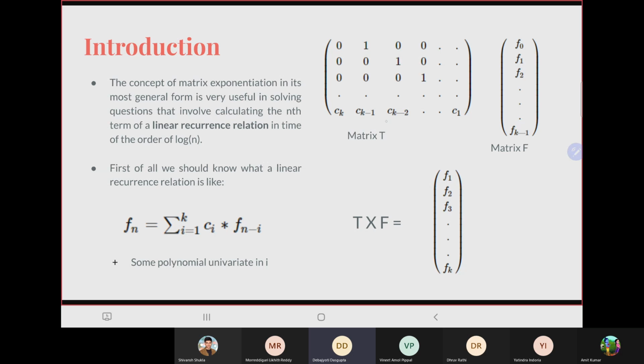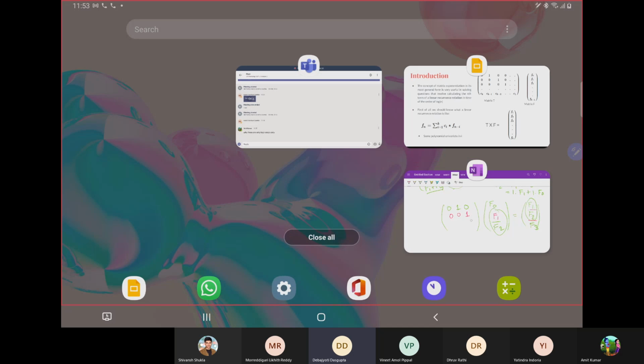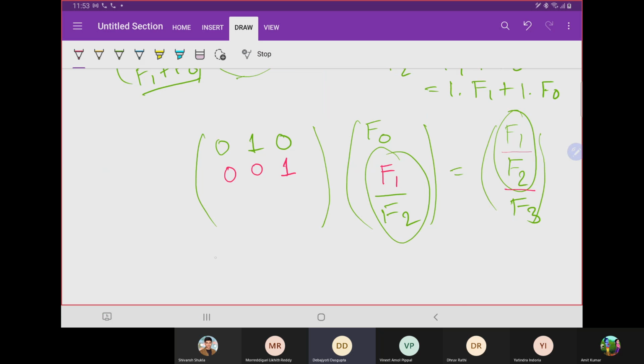And for the last row, that is fk, fk is basically coming from the linear recurrence. So now if I had said that for your linear recurrence, fk equals 2 into fk minus 1 plus 3 into fk minus 2 plus 4 into fk minus 3, right?